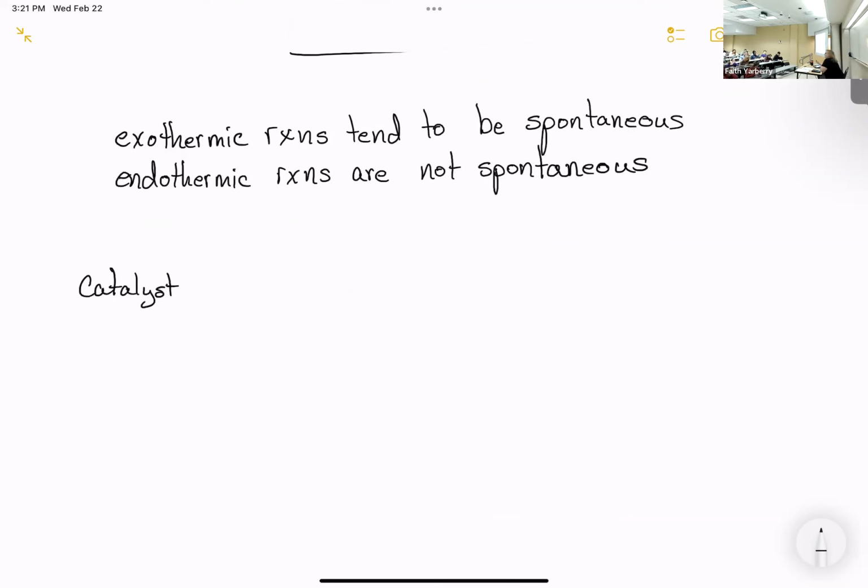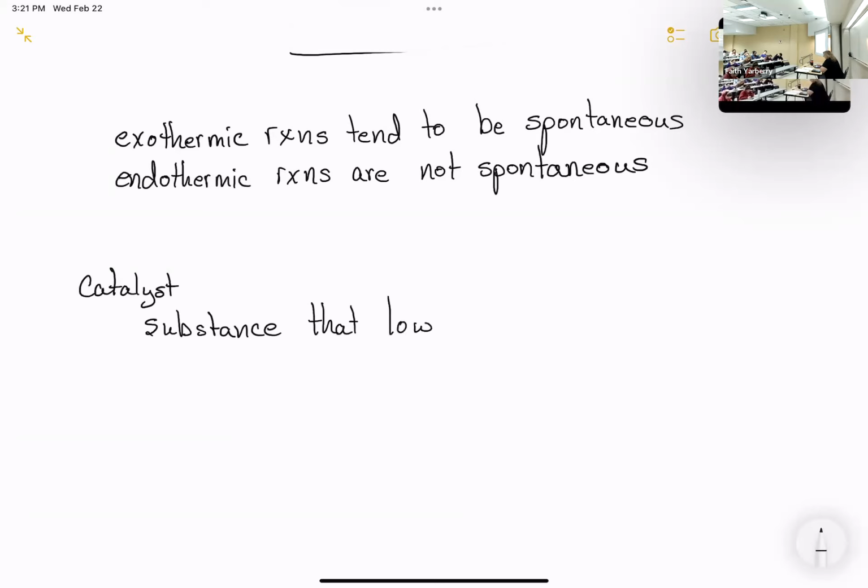What is a catalyst, anybody? Okay, so it's a substance that lowers the energy of activation. Is there anything else we can say about a catalyst? It's not used up in the reaction.